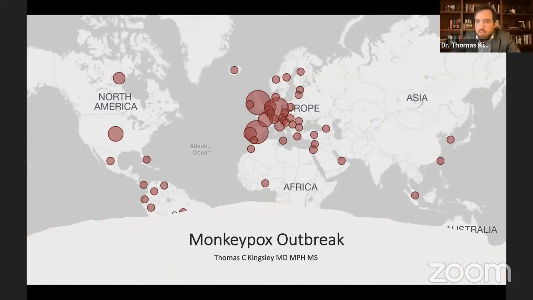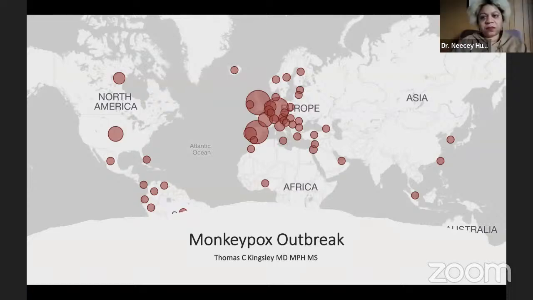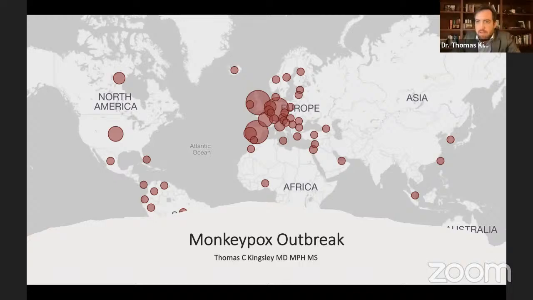The most recent outbreak is really a deviation from that. And I think that's what's getting a lot of people concerned, and especially the amount of cases we have is a large deviation from the historical context with prior outbreaks. The first case happened here in the United States in mid-May. And like I said, now we have about 600.